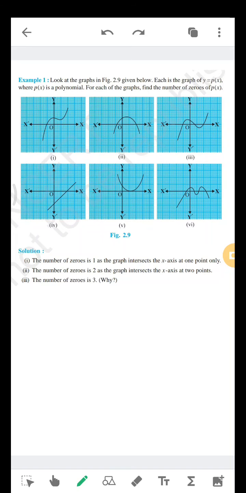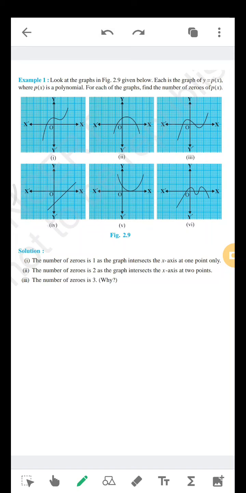These are the different types of graphs. This is a linear graph, this is called a parabola. This type of equation's graph is called a parabola, and these are the curves. So looking at the graph, we can say how many zeros that polynomial has.